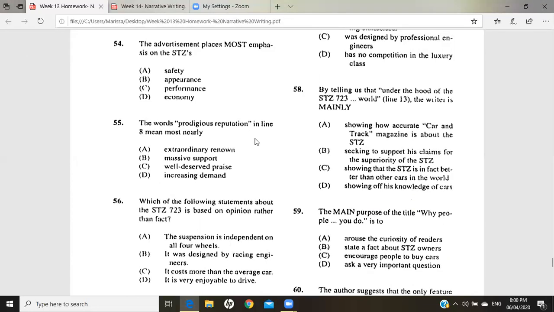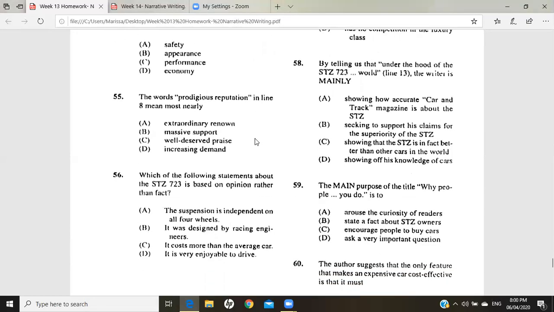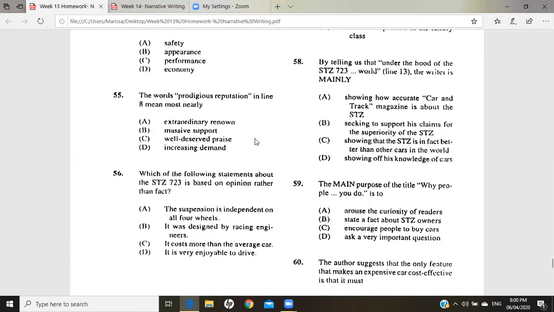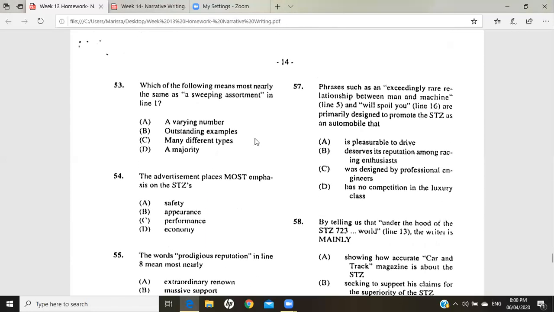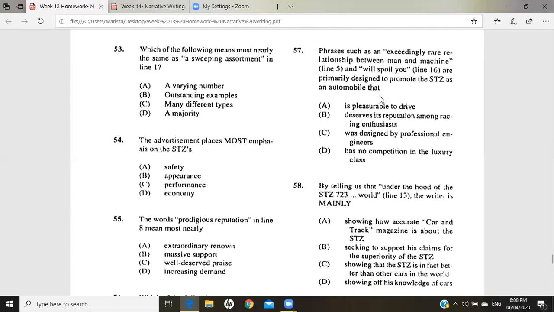A. A is extraordinarily renowned. 56, which of the following statements about the STZ 723 is based on opinion rather than fact? Remember, an opinion is something that cannot be proven to be true, right? Is it D? D is very enjoyable to drive, because to one person it may be enjoyable, but to the next person it may not.